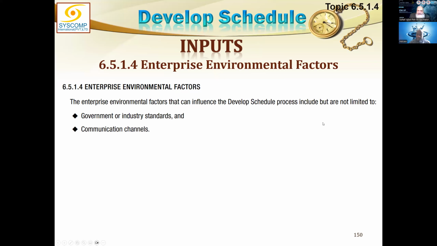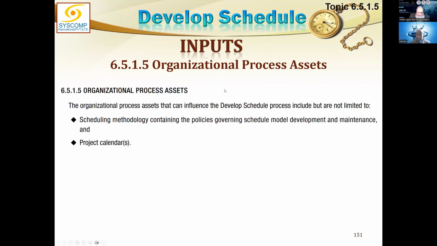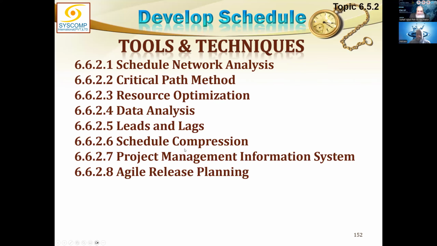Enterprise environmental factors. If there is any change in government or industry standards or communication channels, such things will impact your schedule. Within the organizational process assets, if procedures have changed, if records have changed, although this is helpful, they can also affect our baseline. These are the various tools and techniques we have already talked about.